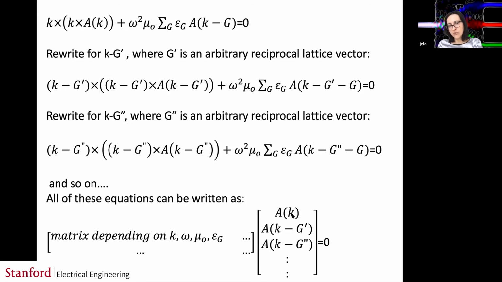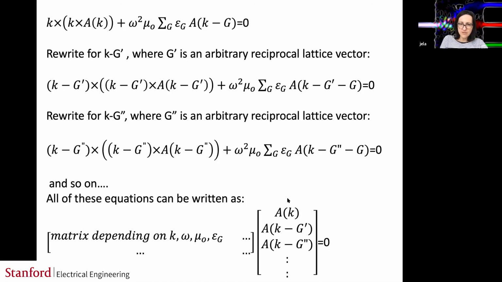So you have A of K from the first equation, and then A of K minus G prime, A of K minus G double prime. All of them actually appear in all of the equations, but they're just coefficients of A of K sitting on the reciprocal grid. And on the right-hand side, we have 0, which means that we have a homogeneous system of equations. And again, if you have a hard time following this, it will get clearer when we talk about the one-dimensional system of equations. We'll repeat everything just for one-dimensional K.